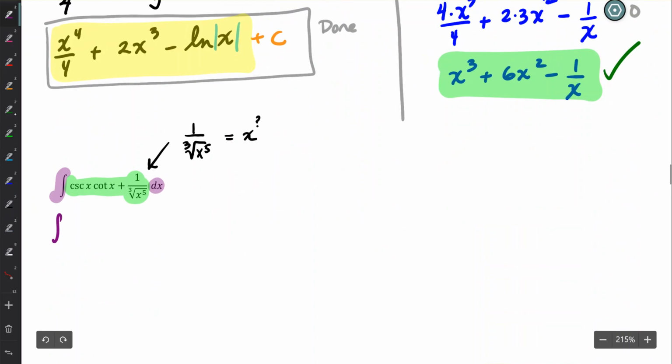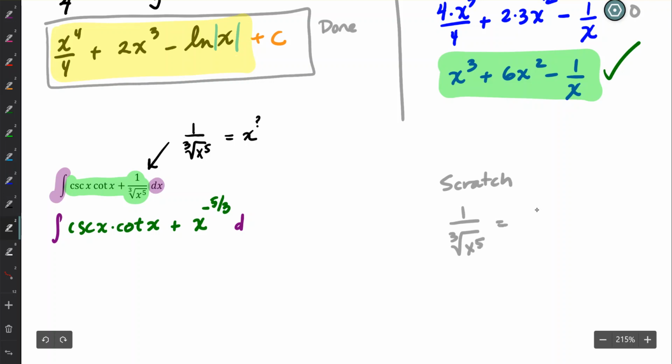So in preparation for doing that power rule in reverse, I am just going to go ahead and write, I'm not answering the question yet, 1 all over the cube root of x to the 5th as x to the -5/3. Maybe we do a little bit of scratch for that. 1 over the cube root of x to the 5th.